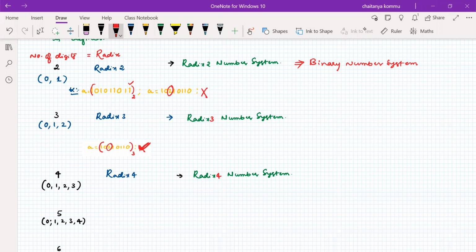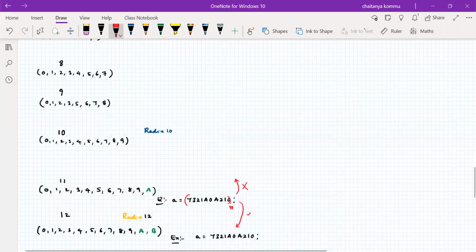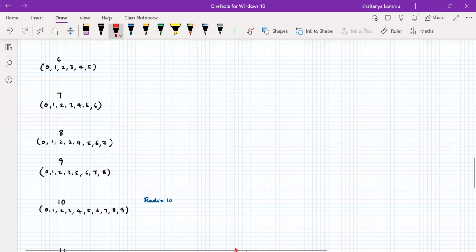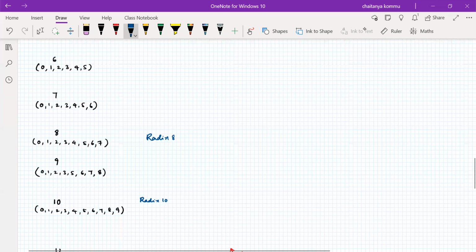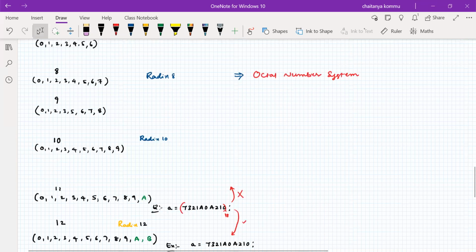Another important number system is sometimes we use octal. It is called Radix 7. Sorry, Radix 8. This number system normally we will call it the octal number system. So a specific name has been given to each number system, right? A very popular one is Radix 10 number system.